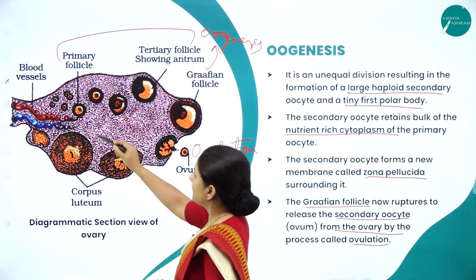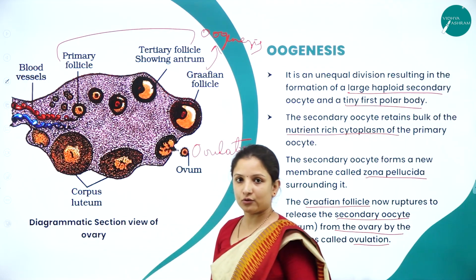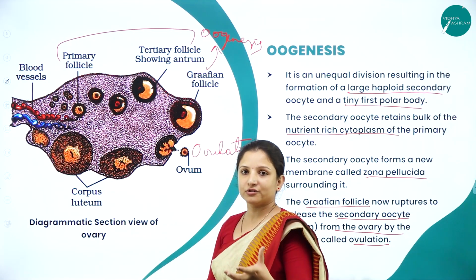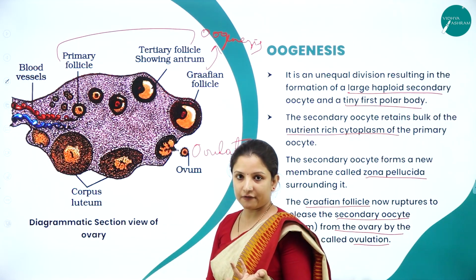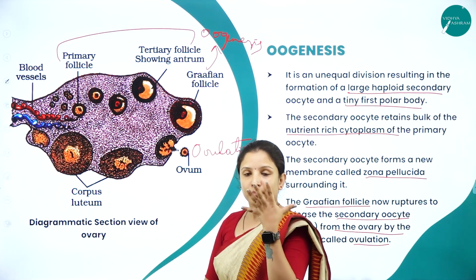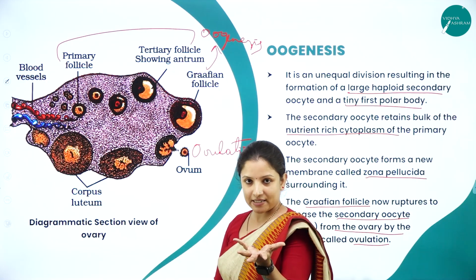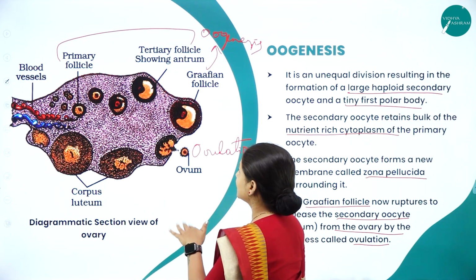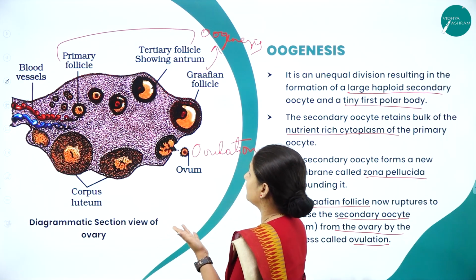So what did we learn? The primary oocyte gets surrounded by granulosa cells. It's called the primary follicle. Now inside the primary follicle, the primary oocyte increases in size to form the secondary follicle. The secondary follicle forms the tertiary follicle.